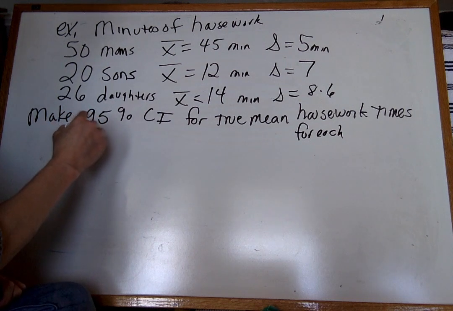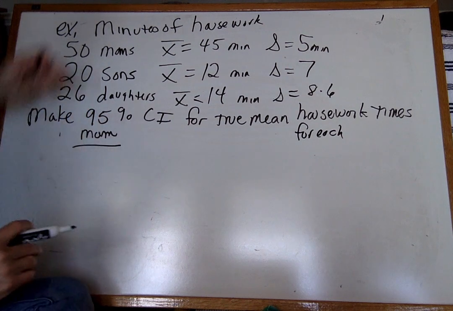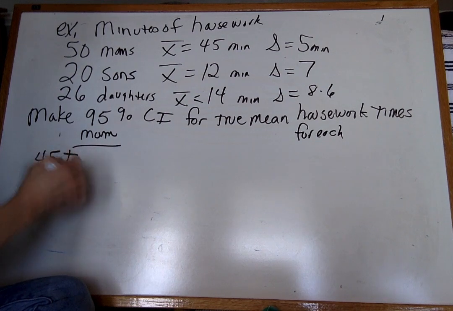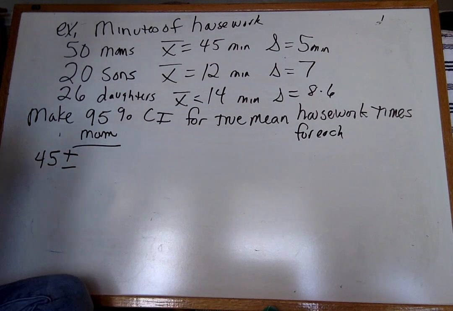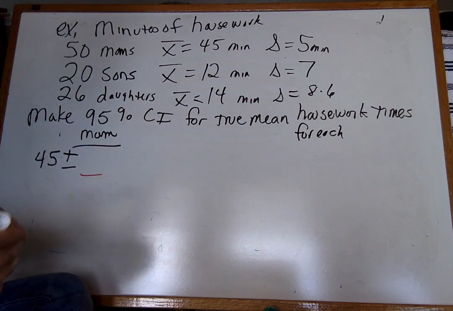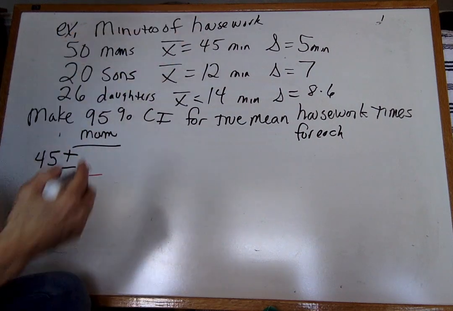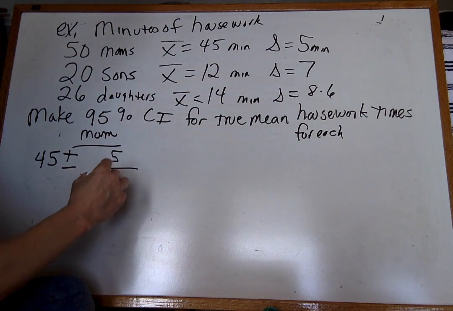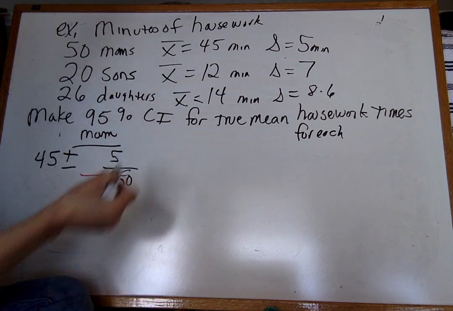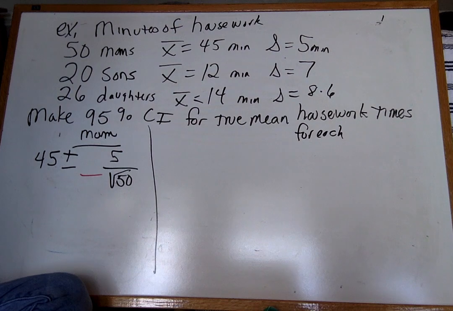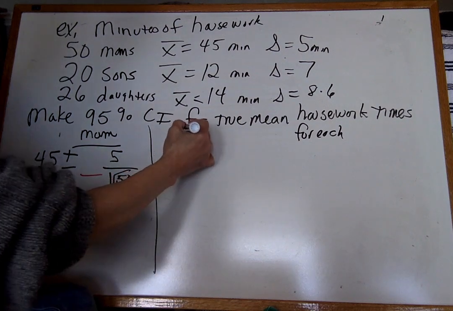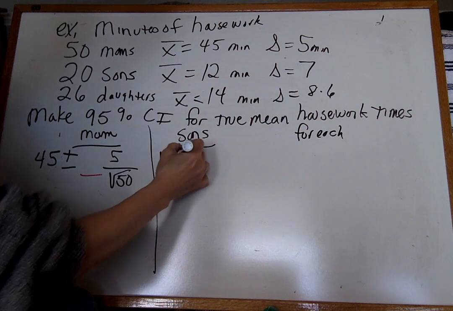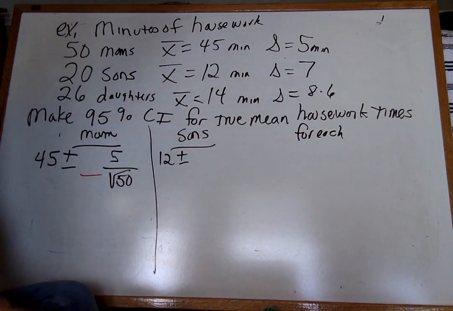So for the moms, I'm supposed to do X bar plus or minus. We'll come back to that T in just a second. Just leave a little space. S over square root of n. Okay. Sons. X bar plus or minus.